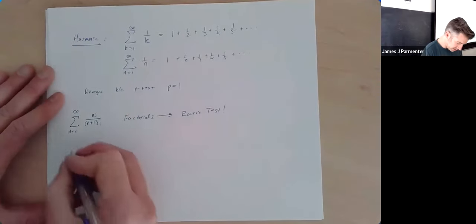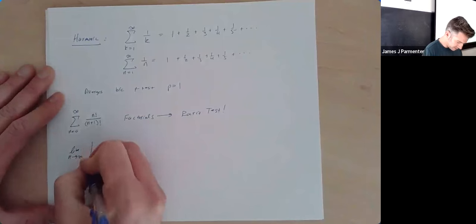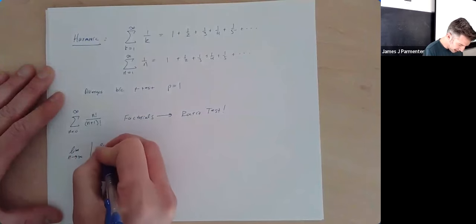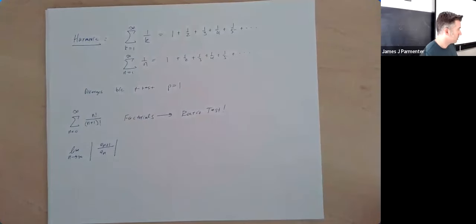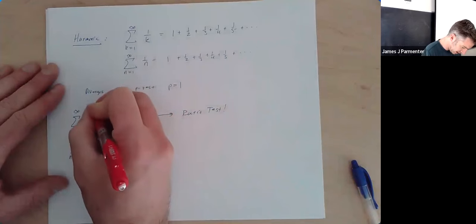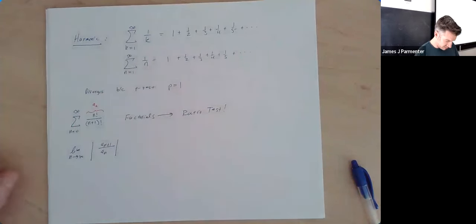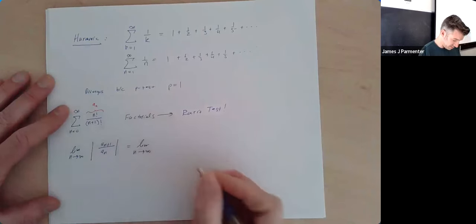So that's where we take the limit as n goes to infinity of the absolute value of the next term over the preceding term. So this thing here is our a sub n, and we want to find a sub n plus 1. I'm just going to replace every n with n plus 1.